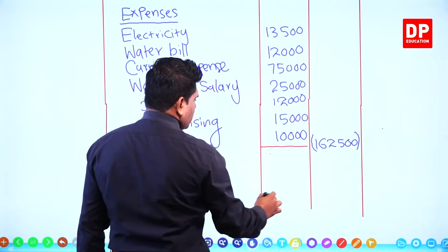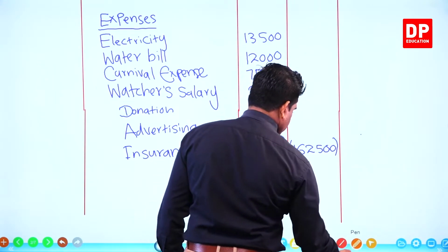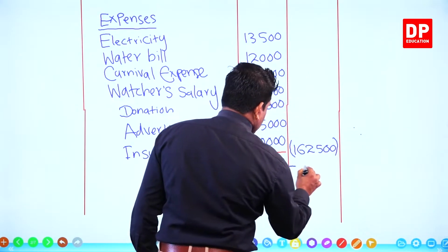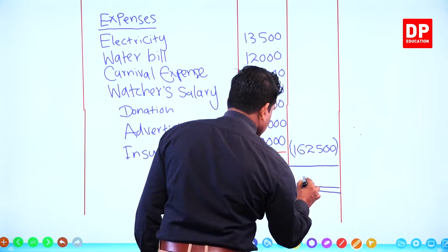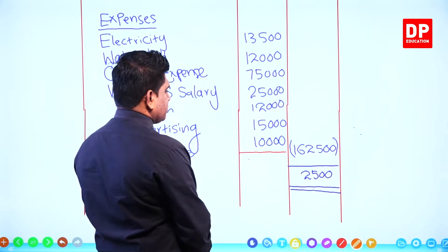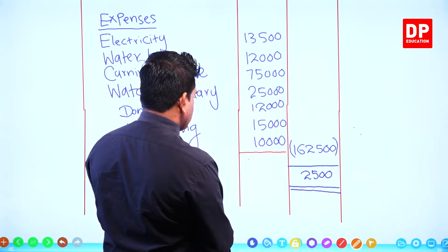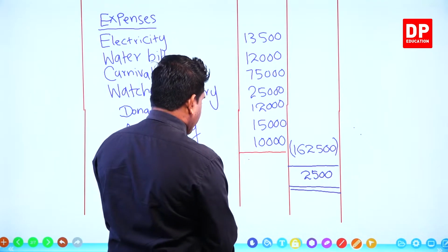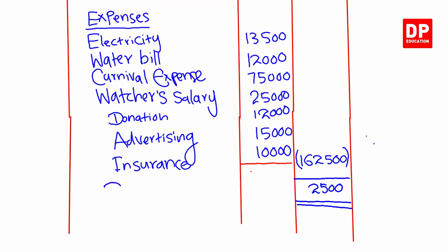Now you think, expenses are more than your income by 2,500. It's a loss. We call it the deficit. Then the deficit is transferred to the accumulated fund.